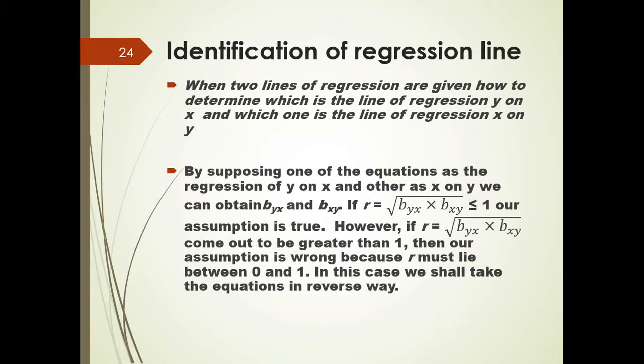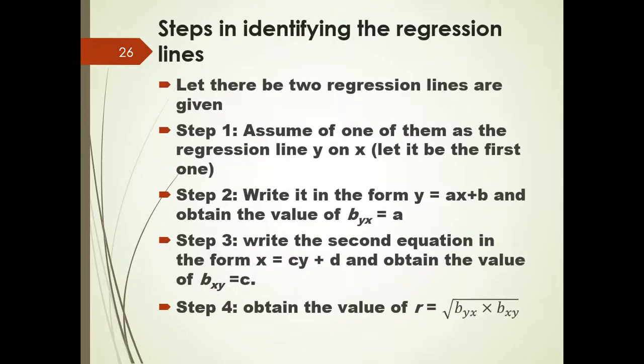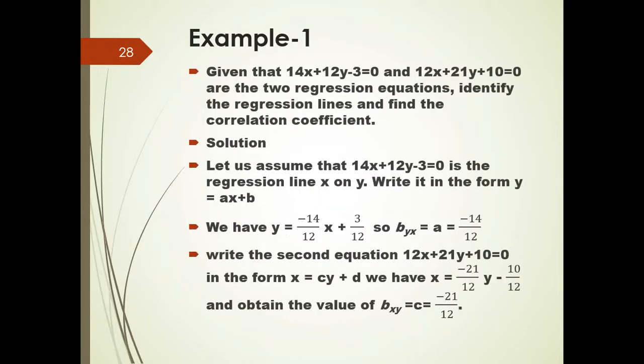Now the last remaining problem: normally we are given two regression equations like this, 14x plus 12y minus 3 and 12x plus 21y plus 10 equal to 0. And the problem is that one of them is y on x and the other is x on y.